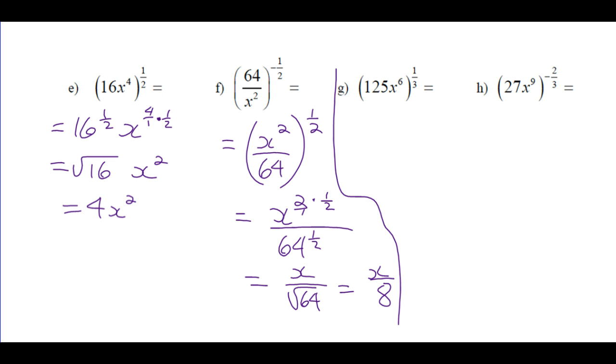And then we get x squared times 1/2 over 64 to the 1/2. Okay, then it's quotient to a power, which means we raise each part of the quotient. The top, the numerator gets raised to the power of a half, the denominator to a power of a half. Change it to radical. This is just like E. So it's 125 to the 1/3, x to the 6 times 1/3.